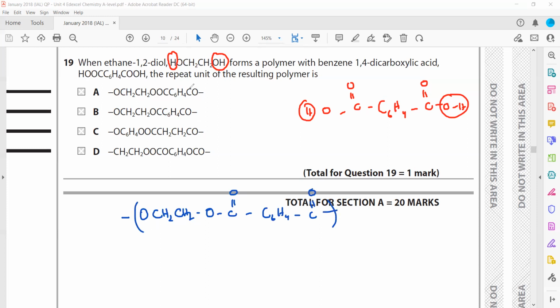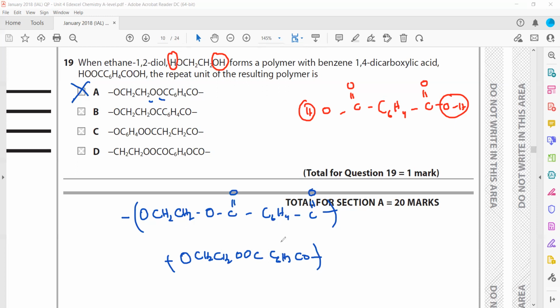So which one does it match with? So this is O and CO, O, CH2, CH2, O, and yes, that's right. So A is the right answer, because when I simplify A, it will be CH2, CH2, O, O, C, C6H4, and CO. So it matches with option A. Is it clear, this one?